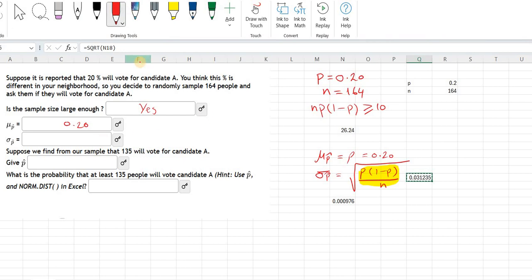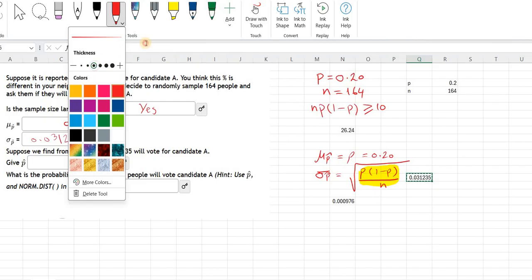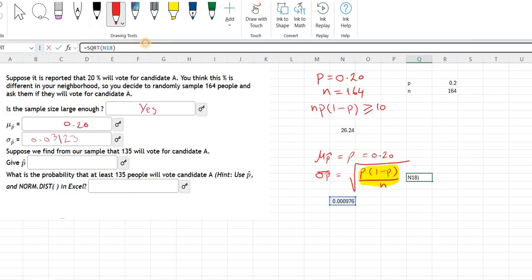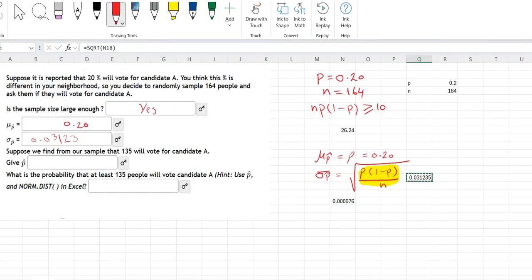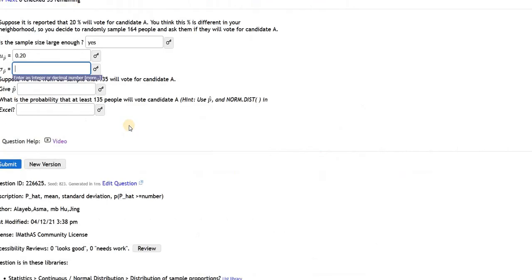I can round this to 0.0312, or 5 decimals. I think that's reasonable. Okay. And I'm going to plug that into my question online, paste it there, copy, and I'll paste it over here.